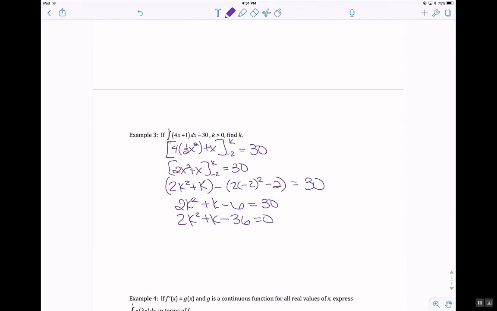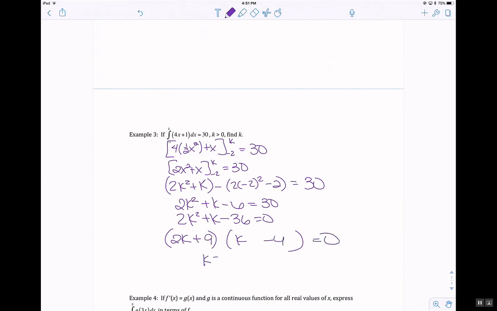So then I have to factor. So I have 2k and k, and then a plus 9 and a minus 4 would work. So then my k would be equal to -9/2 and 4, but I said that k had to be bigger than 0, so k is 4. Okay.